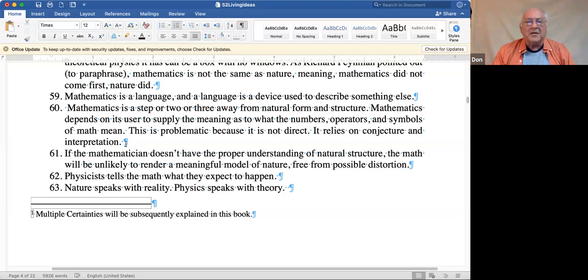So if mathematics doesn't have the proper understanding of natural structure, the math will be unlikely to render a meaningful model of nature, free of possible distortion. Physics tells the math what they expect to happen. Nature speaks with reality. Physics speaks with theory.